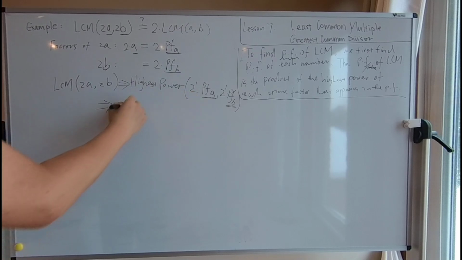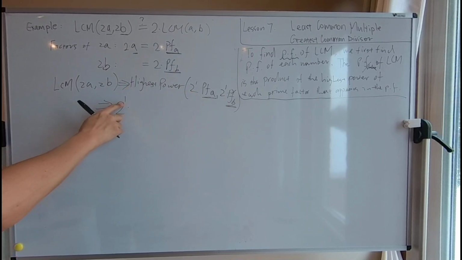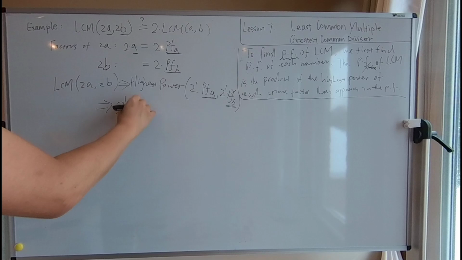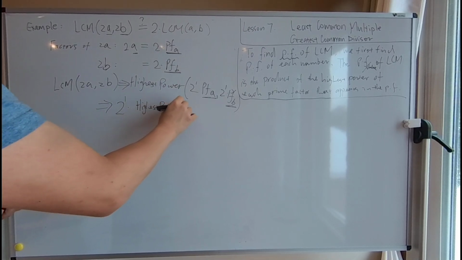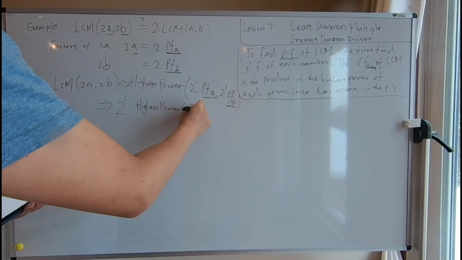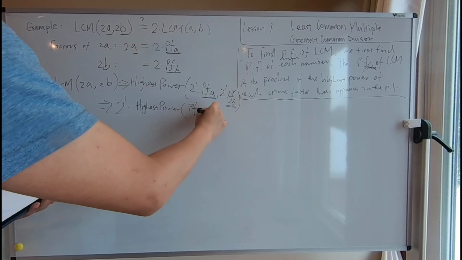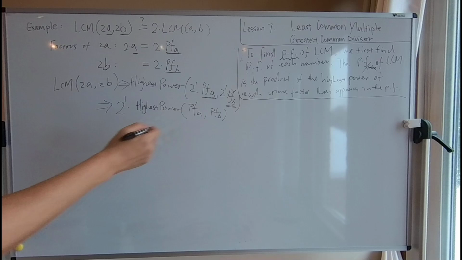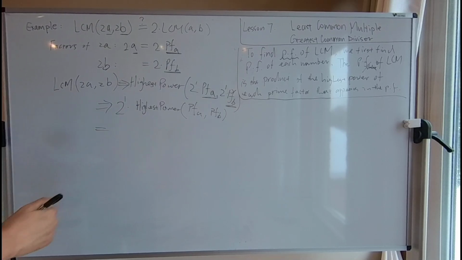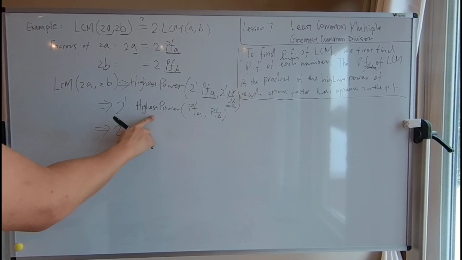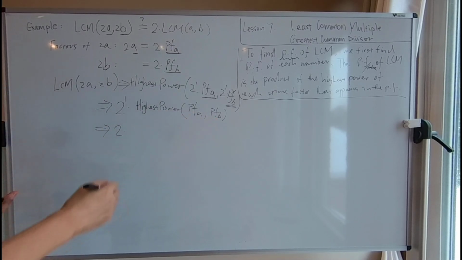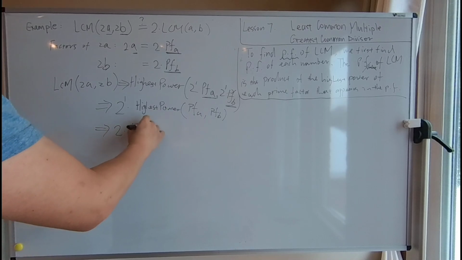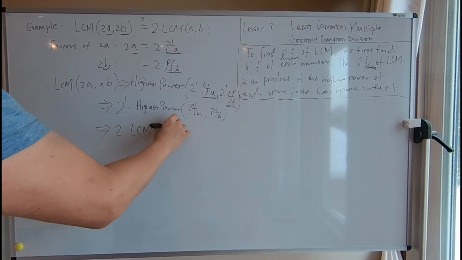So then 2 can be factored out because I already know the highest power, and then the highest power between the prime factors of a and prime factors of b is, from the definition, the LCM of a and b.